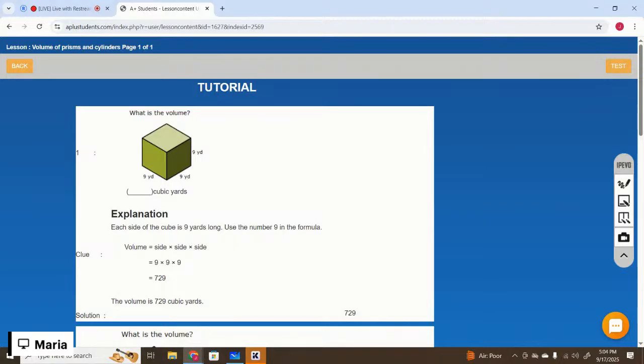So the volume of the cube is side times side times side. So each side of the cube is 9 yards long. So that is 9 times 9 times 9.